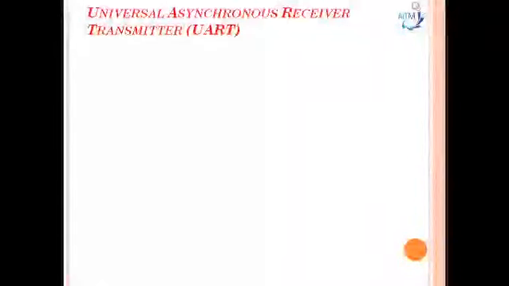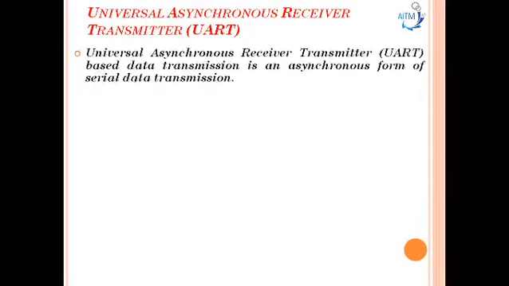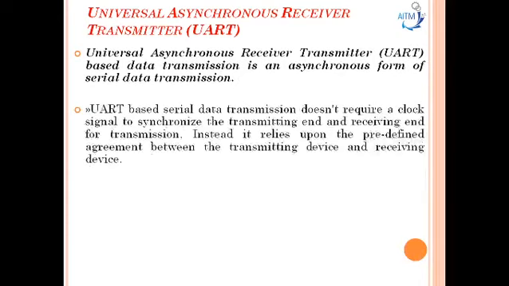Now coming to the next onboard communication interface, that is UART, the universal asynchronous receiver transmitter here. UART based data transmission is an asynchronous form of serial data transmission, and it does not require a clock signal to synchronize the transmitting end and receiving end.